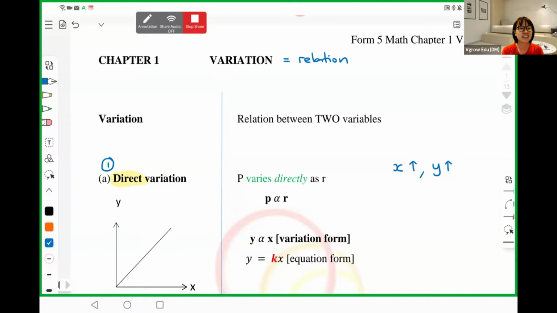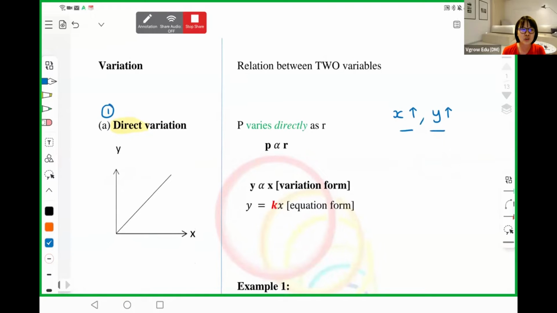So, talking about direct variation, it means the variables will increase or decrease at the same time. For example, let's say you want A's in your SPM, so you need to put in more effort or less effort? Is the A's and the effort a direct variation or inverse variation?